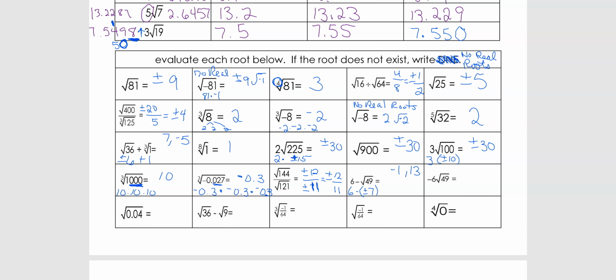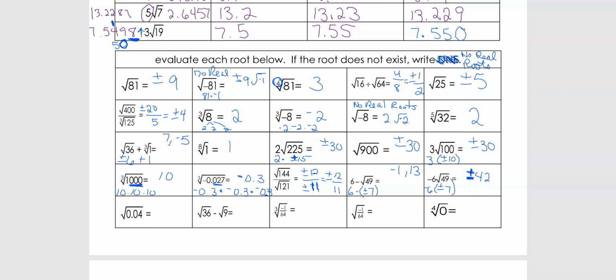All right, so the next one we have is negative 6 times the square root of 49, and that's positive or negative 7. So negative 6 times positive 7 is negative 42. And negative 6 times negative 7 is positive 42. Right, so we get positive or negative 42, sorry.